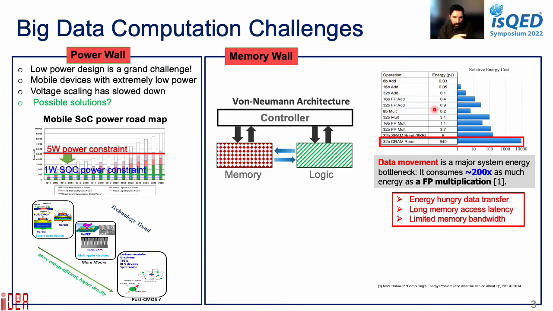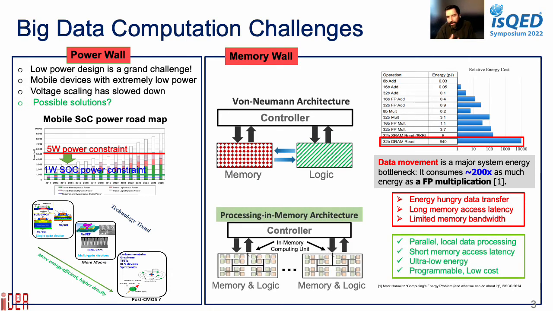For example, based on the plot at top, data movement between CPU and main memory consumes 200 times as much energy as a 32-bit multiplication. To overcome these challenges, one possible solution is to leverage processing in memory and process data close to where it resides. Such a platform is expected to have parallelism, local data processing, short memory access latency, and low energy.